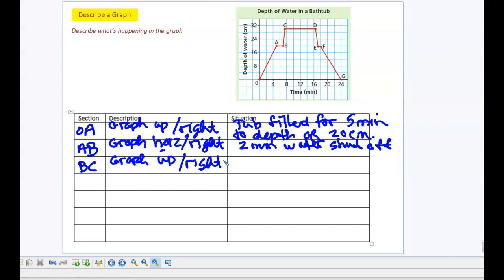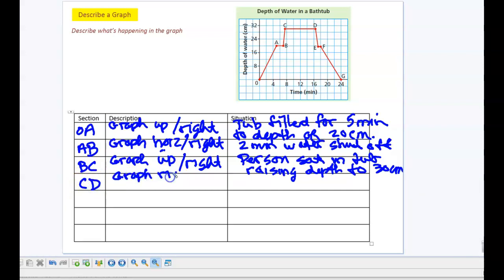So to me, I would suggest that a person sat in the tub, raising the depth to approximately 30 centimeters.